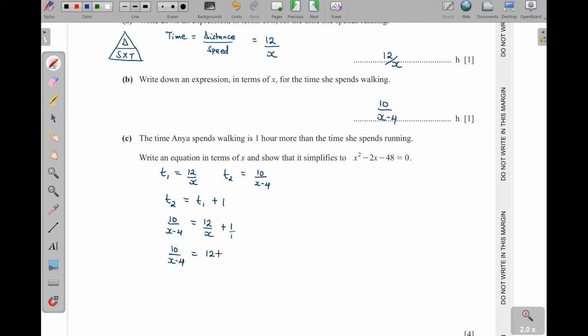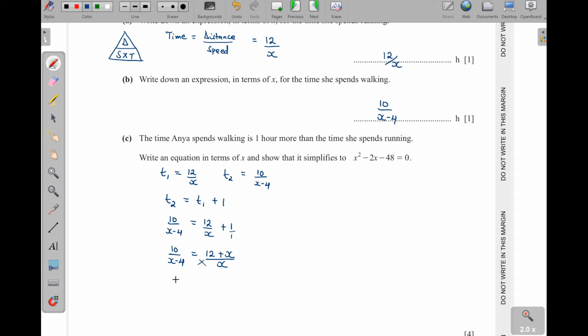So this will be 12, and of course the LCM is going to be x. Then you multiply this with that, and this with that. So we shall have 12 plus x, then out of x.